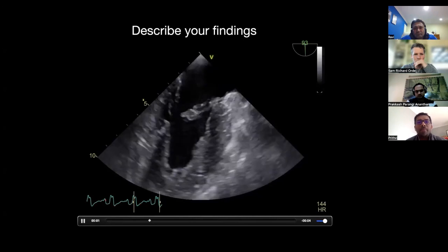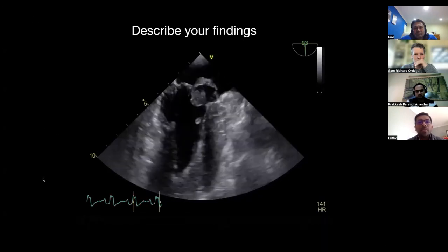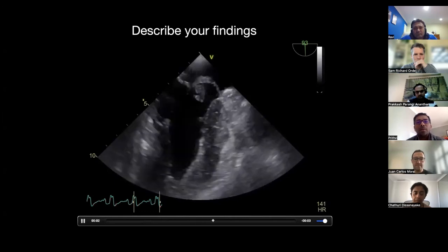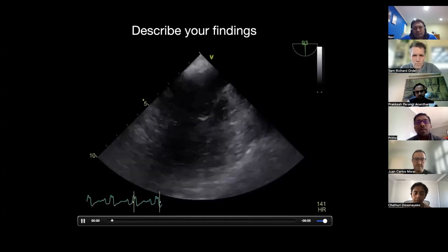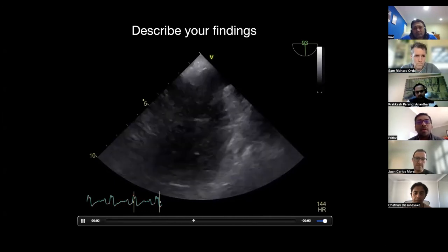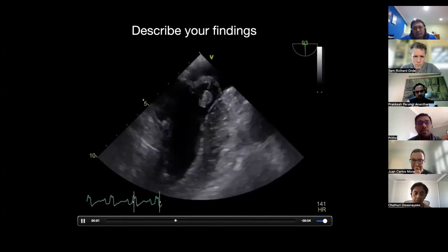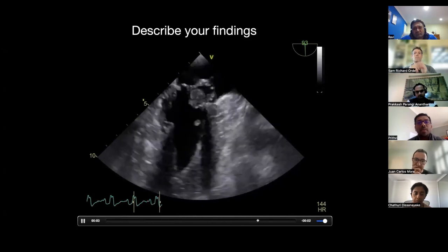Okay. So to image: mid-esophageal two-chamber view at 90 degrees. The main abnormality I can see is that the LV systolic function seems to be quite hyperdynamic.